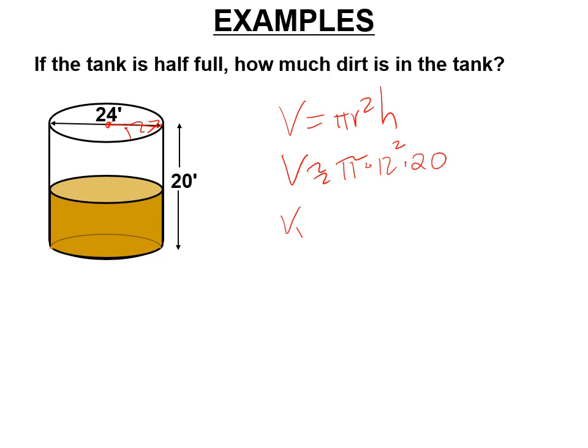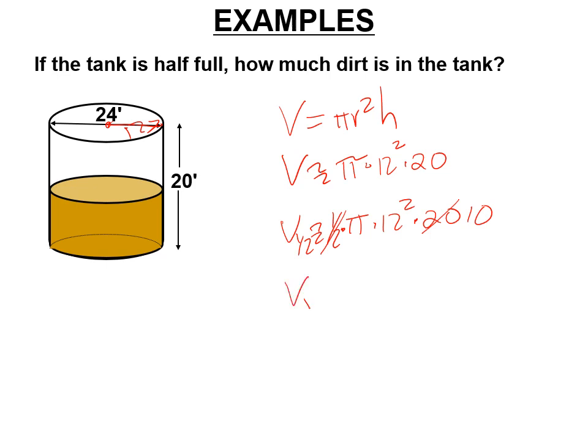Now, half the volume, halfway up, would be pi times 12 squared. Let's actually write it out correctly. It would be 1/2 times pi times 12 squared times 20. But you can just cut the height of 20 into 10, that's for sure.